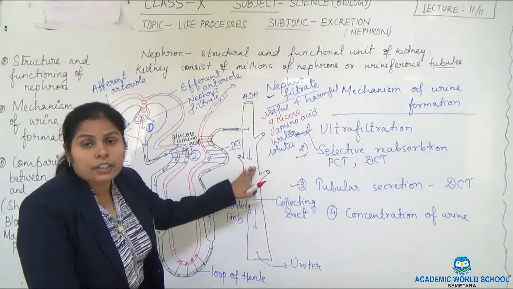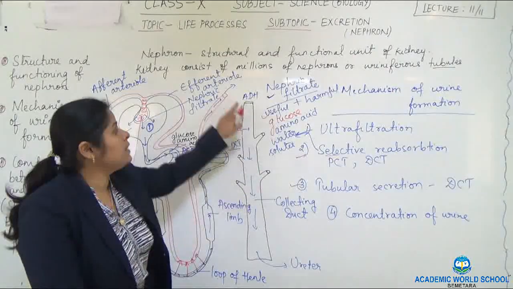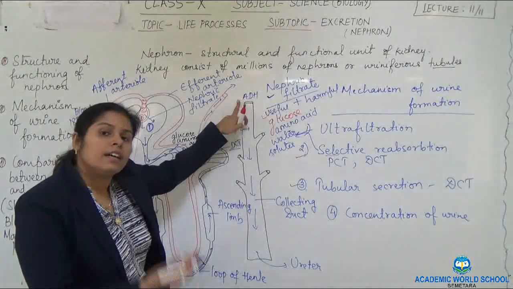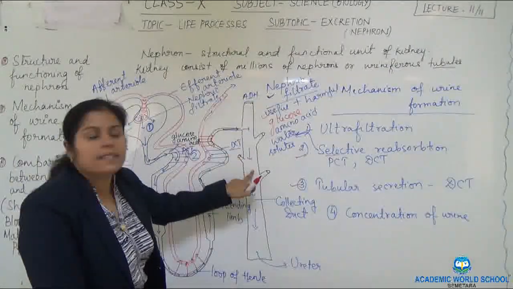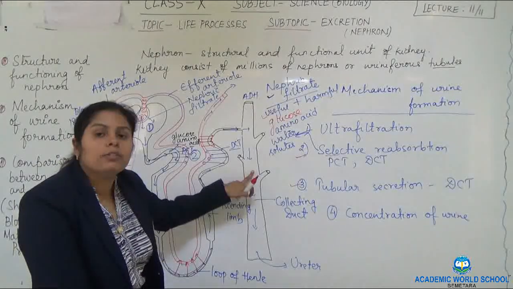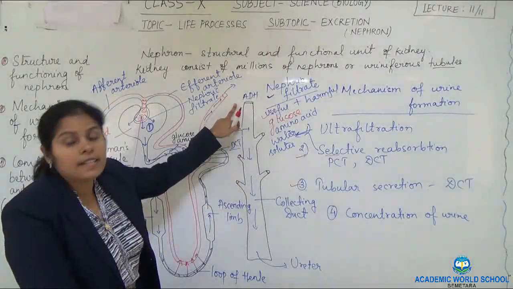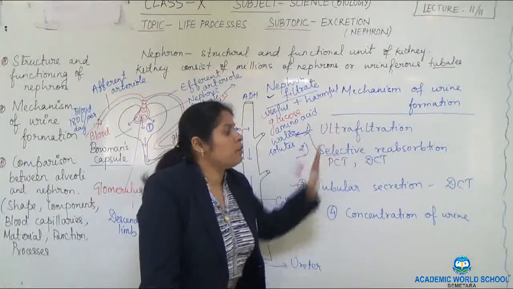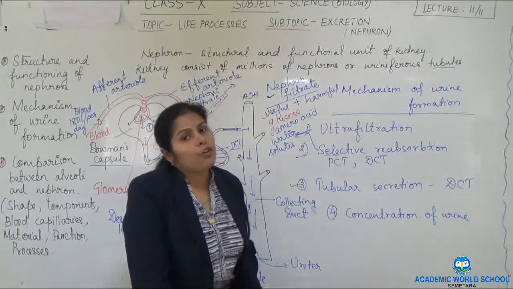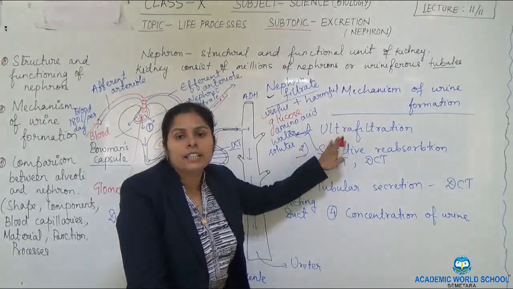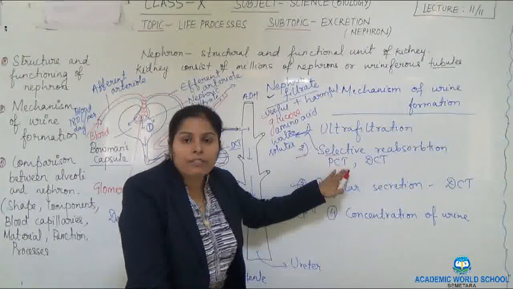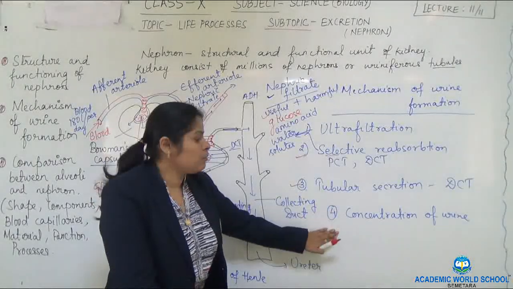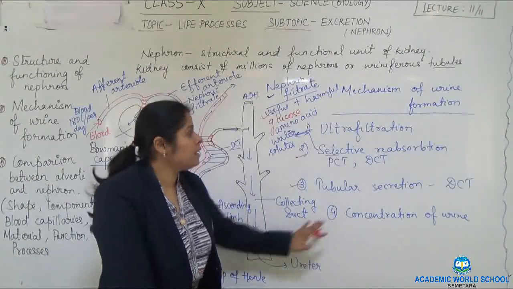If the concentration of urine is too high, this vasopressin hormone will be released to maintain the concentration of the urine, and if the person has drunk a sufficient amount of water, this hormone secretion is not required. So what we have understood is that in the mechanism of urine formation there are 4 steps. One is ultrafiltration, second is selective reabsorption, third is tubular secretion, and the last one is concentration of urine.